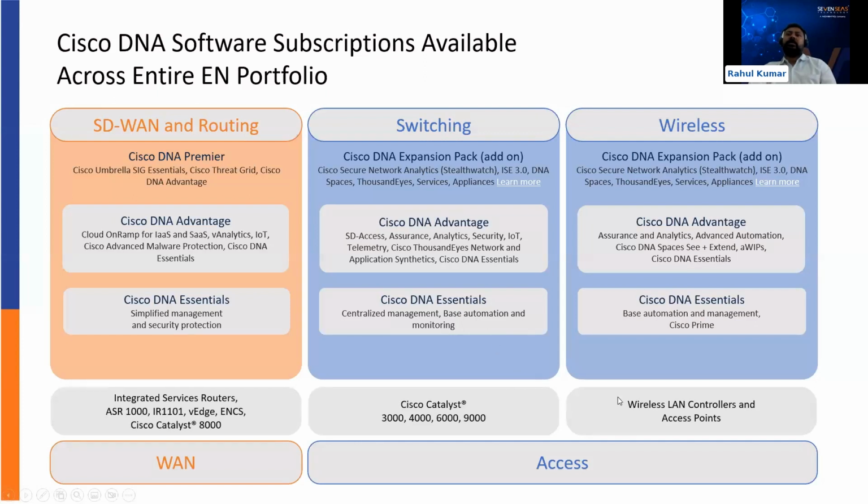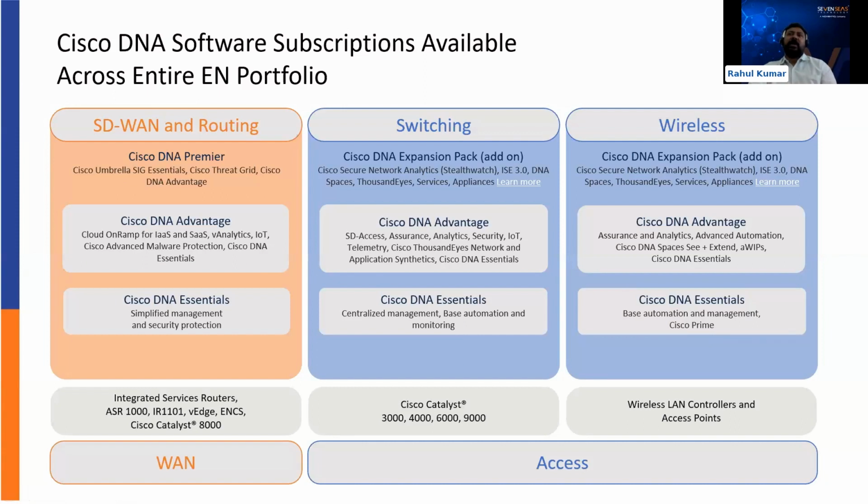All your controllers and access points come with the Cisco DNA licenses. What kind of licenses you need to purchase depends totally upon your requirement, right? Again, in the Cisco DNA Essential license, you will have the base automation and management licenses.